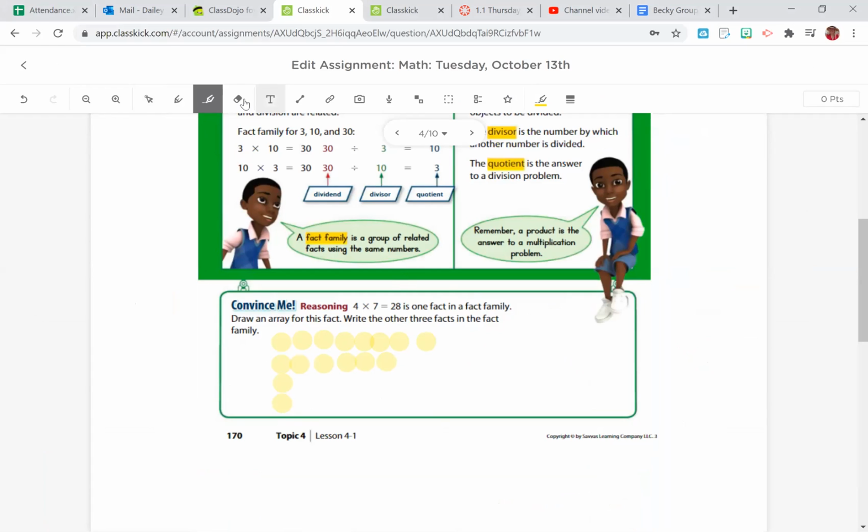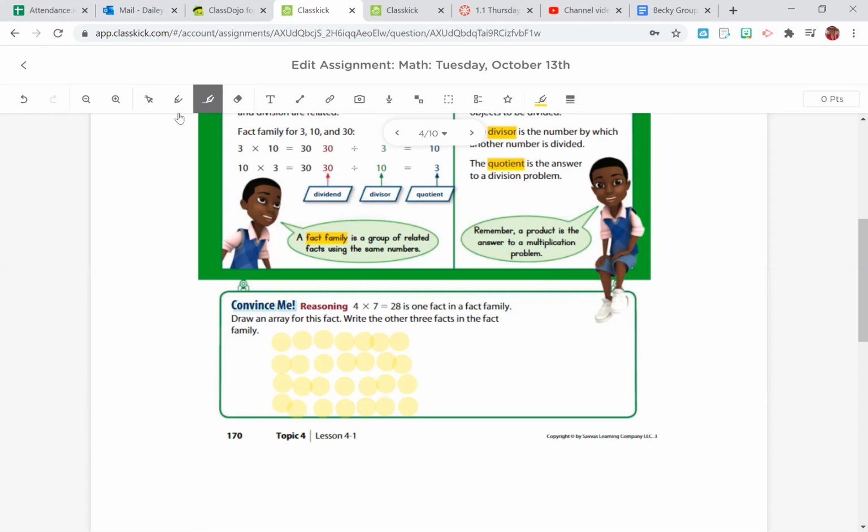I added an extra one on accident. All right, there's my array of 4 times 7 equals 28.